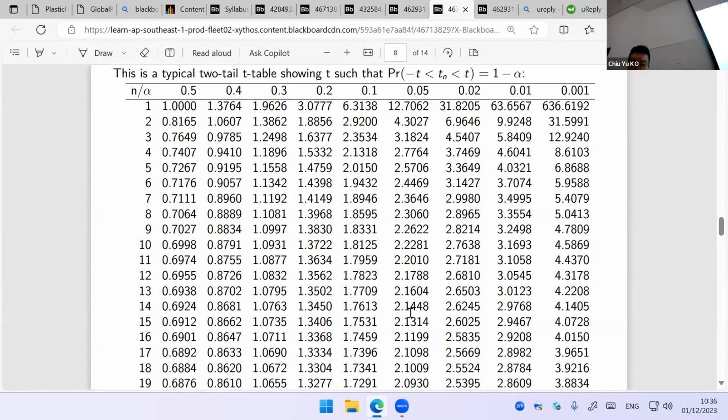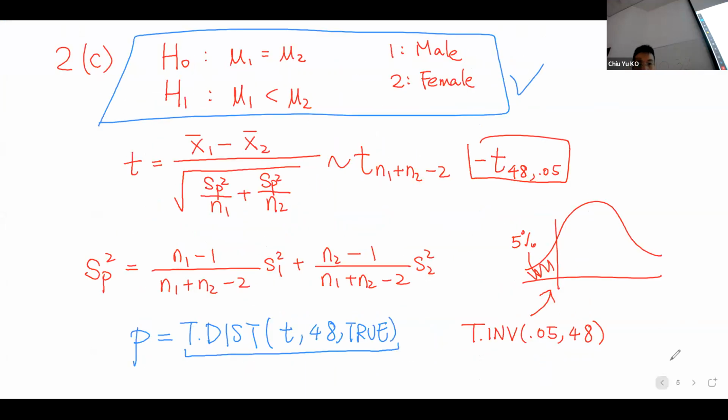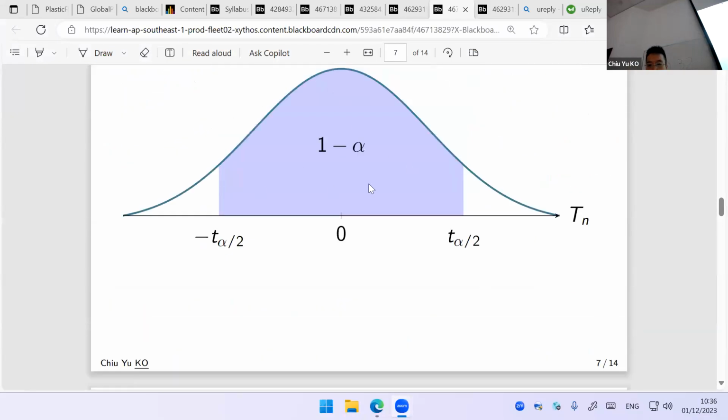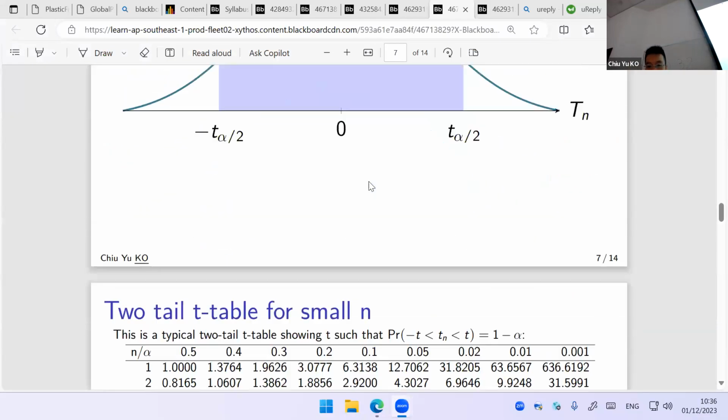For example, going back to this one, how can we read this table? I want 95% confidence. That means alpha is 5%. So when I read my table, I look at 95 here, so the alpha is 5%.